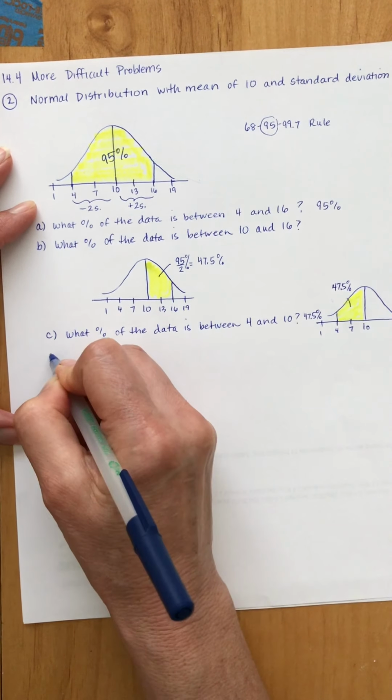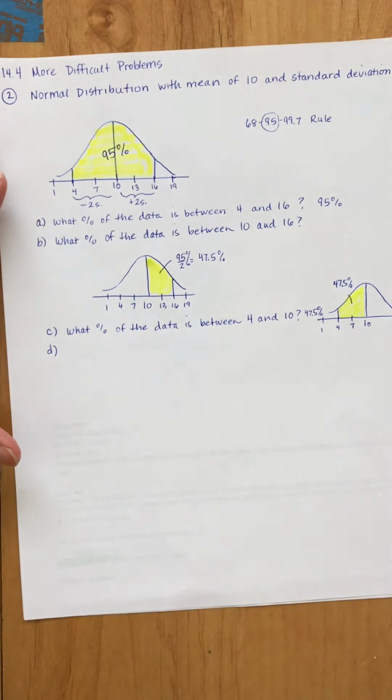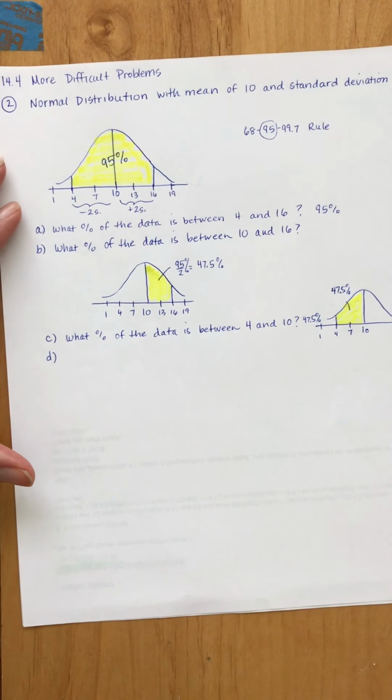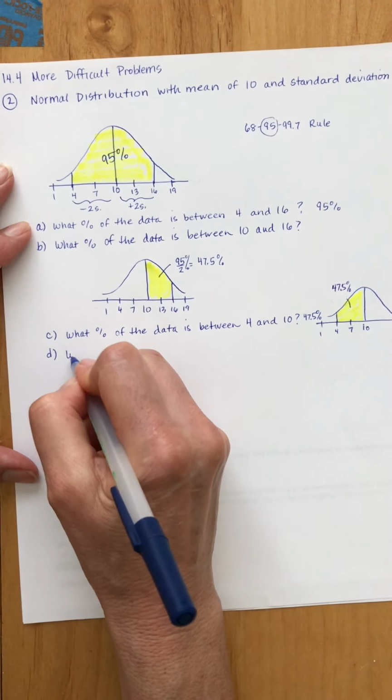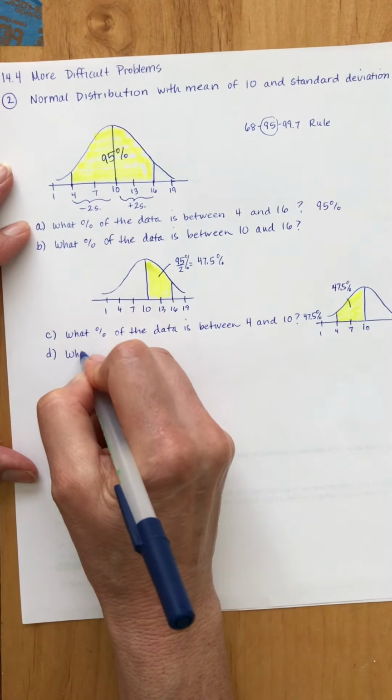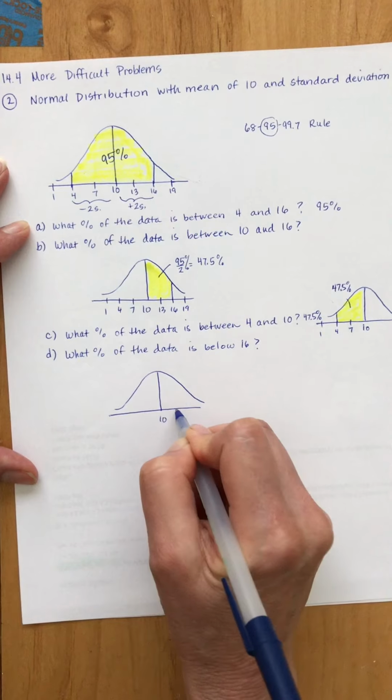All right, okay, so part D now. Next question I want to ask is what percent of the data is below 16. Okay, so let's draw another picture. Here we have 10 in the middle.